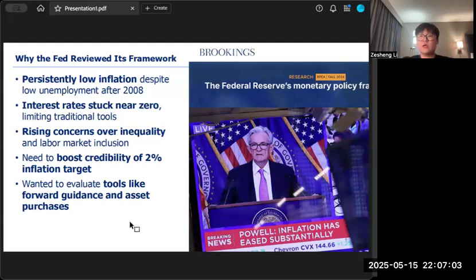Finally, the Fed wanted to re-examine the effectiveness of tools like forward guidance and quantitative easing, and to rebuild public confidence in its commitment to the 2% inflation target. All of this led to the first full policy review in the Fed's modern history and to major changes like flexible average inflation targeting.